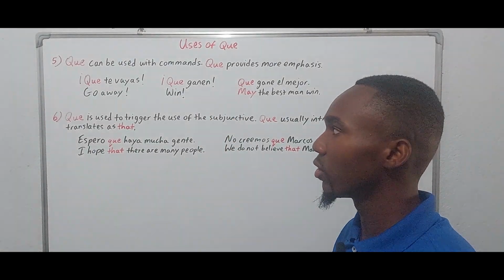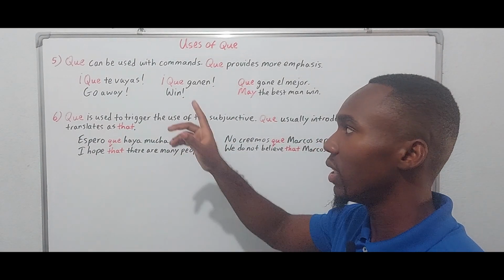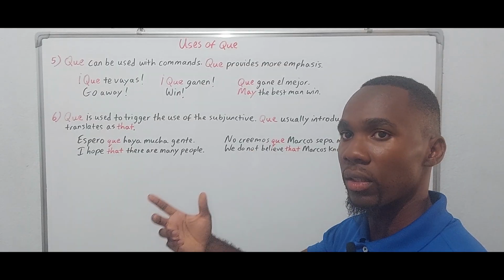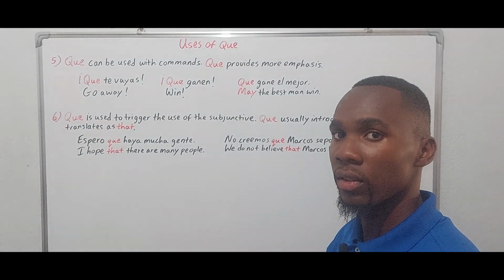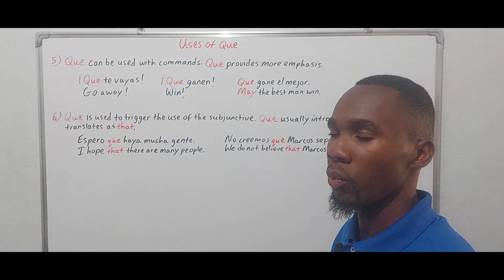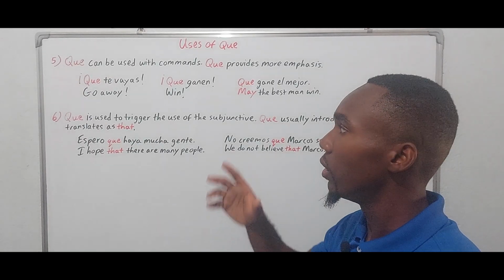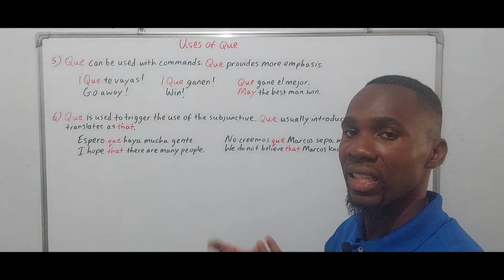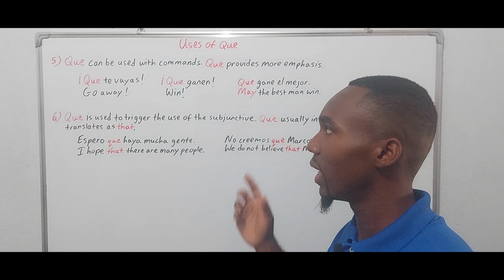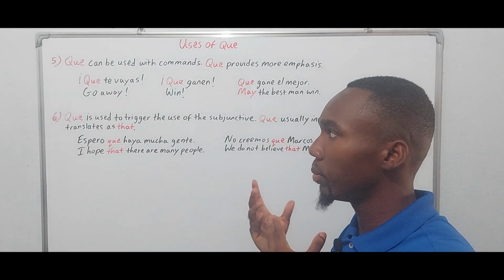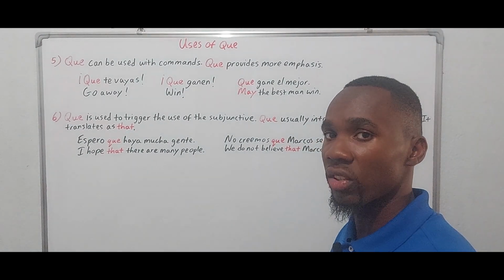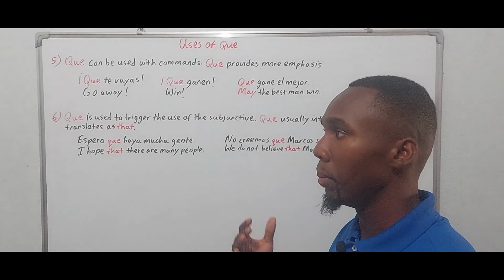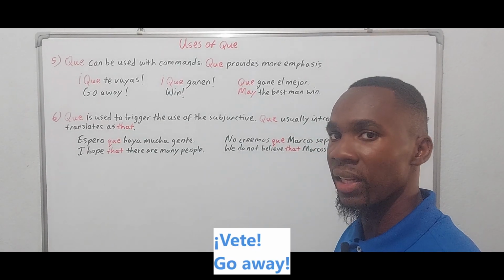Que te vayas, go away. As you would see in this context, when we have reflexive verbs, right, we need to put it in a negative form. Que te vayas. If we were to put that in the traditional affirmative form, it will be vete, go away, vete.